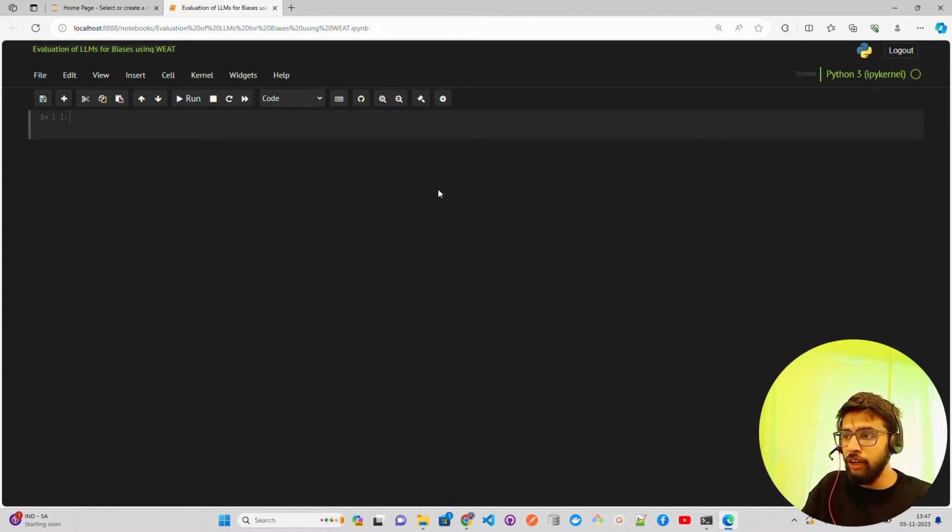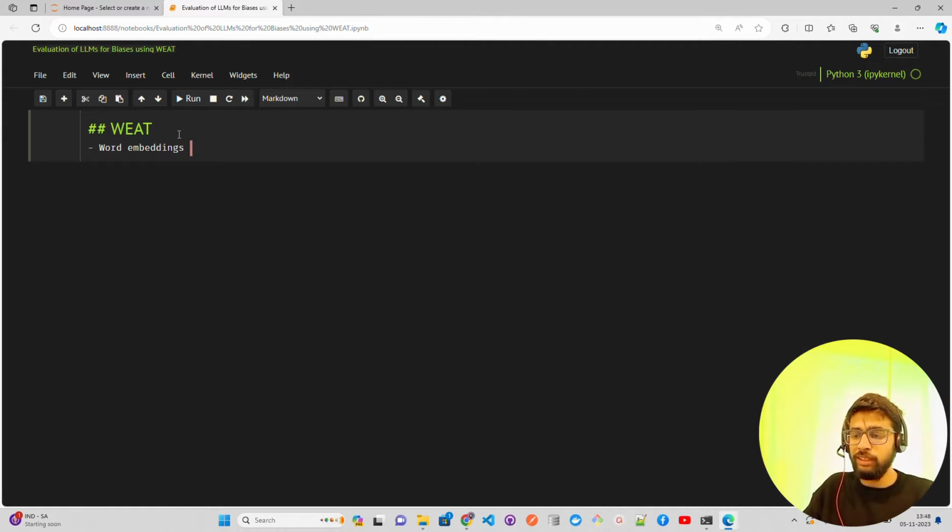Now here we need a few things. Let me add a markdown, and this detailed notebook will be given on my GitHub repository. Let's write WEAT. It's based on word embeddings.